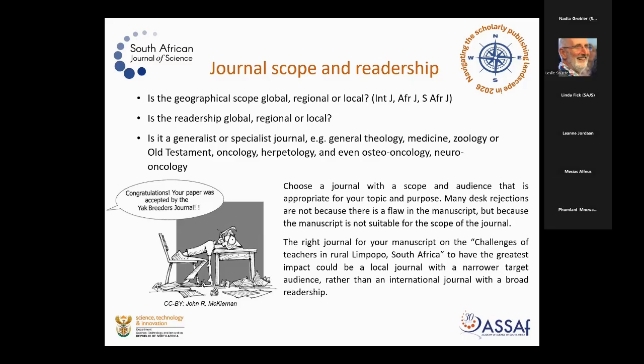You will have medical journals that may be very specific to oncology, but then even neuro-oncology as a higher specialty, for example. So you want to choose a journal that has the scope and the audience appropriate for the topic of your paper and for your target audience, the purpose of why you are writing and sharing your findings.